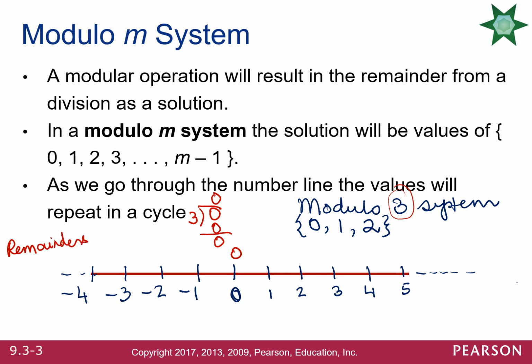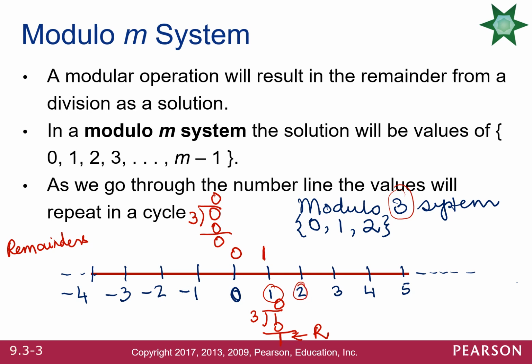Now we have to work with 1, so I'm going to do 1 divided by 3. 3 goes into 1 0 times, so 3 times 0 is 0. What is the remainder? 1, correct? This is the remainder. So I'm going to write 1 over here.